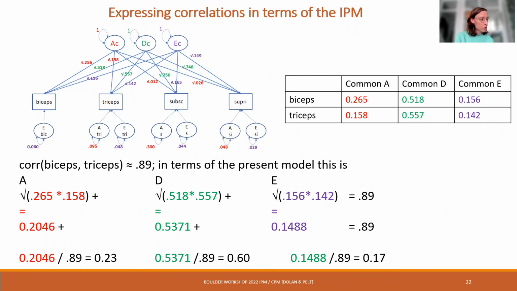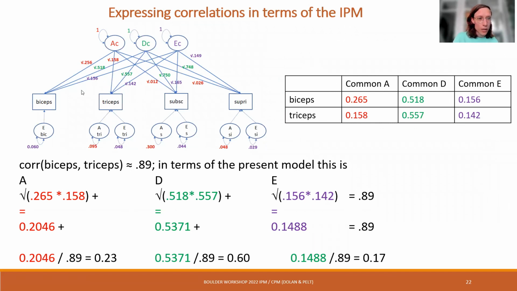Because if we think back all the way to the beginning of this lecture series on multivariate modeling, what is unique to multivariate twin modeling, or why do we do this in the first place, is because we want to say something about the variance decomposition of covariances or correlations between traits. So we can, of course, do this using the unconstrained ADE model, simply estimating these variance components, but we can also derive them from the results of our estimated independent pathway model.